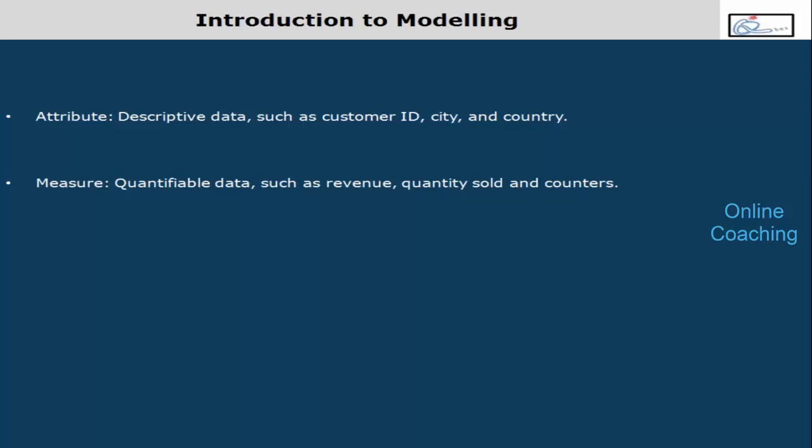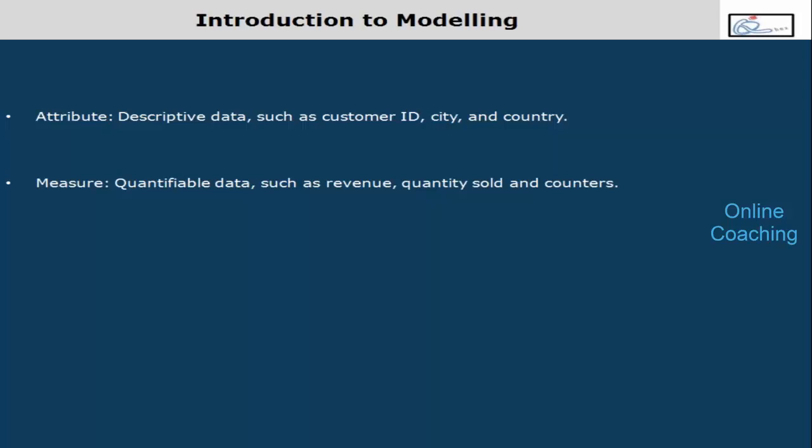For example, let's say I give you two columns. One is country and one is revenue generated in the country, like a simple reporting table. Now tell me, when I give you this result set, or when a business user looks at this result set, what is he analyzing?